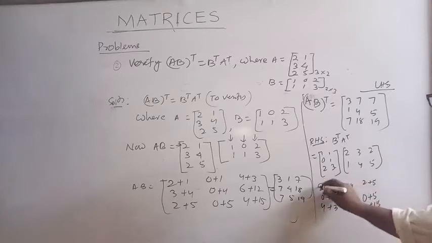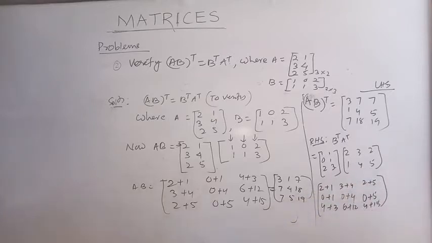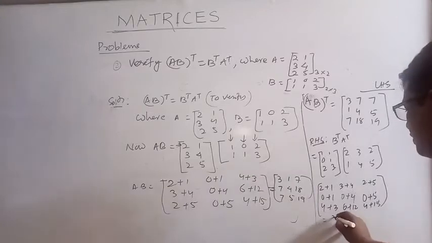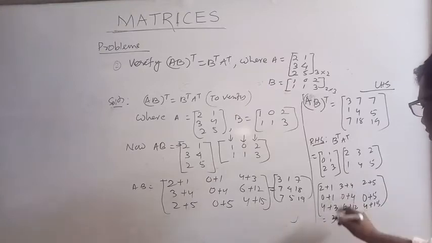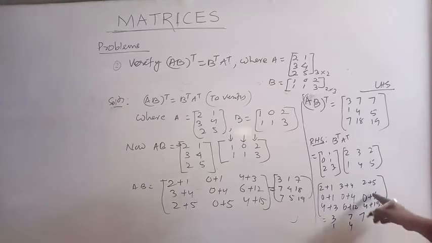So the answer is equal to 3 7, and this is 7, and this is 1 4 and this is 5 and 7.